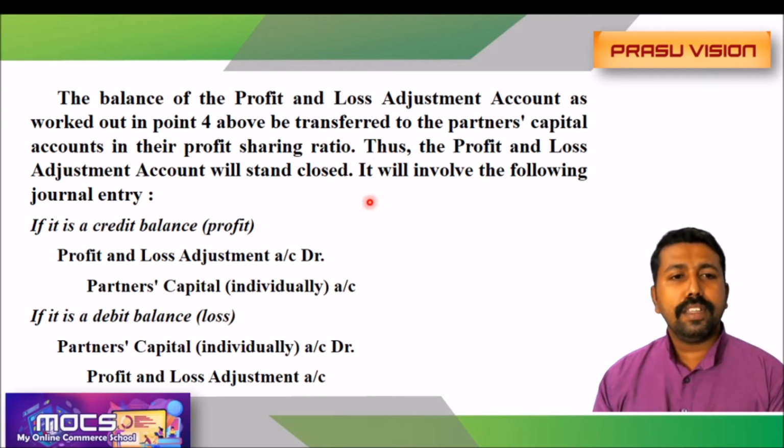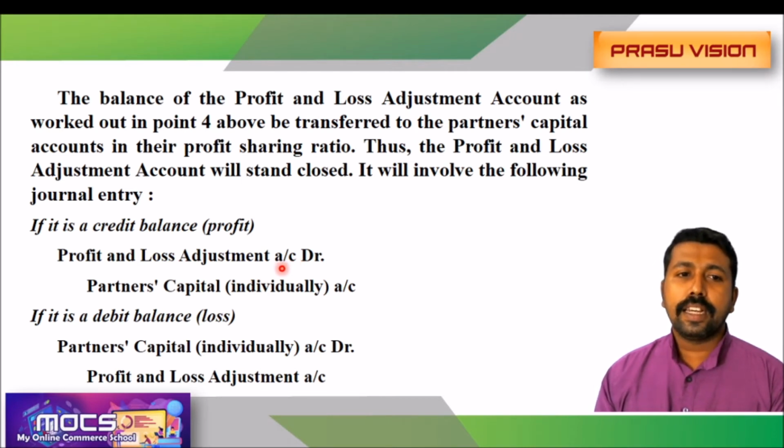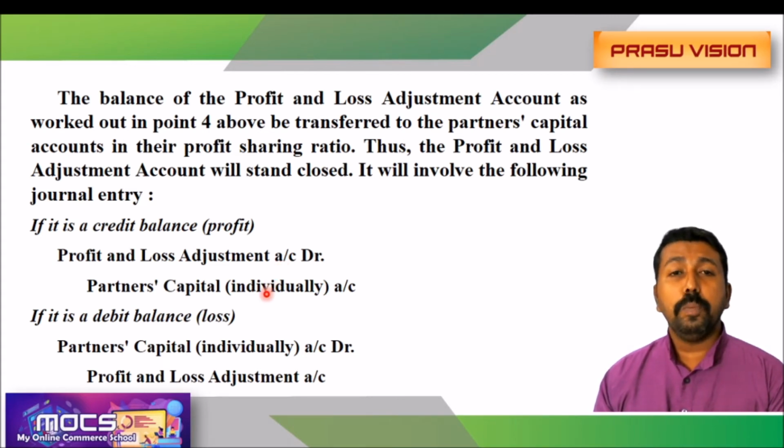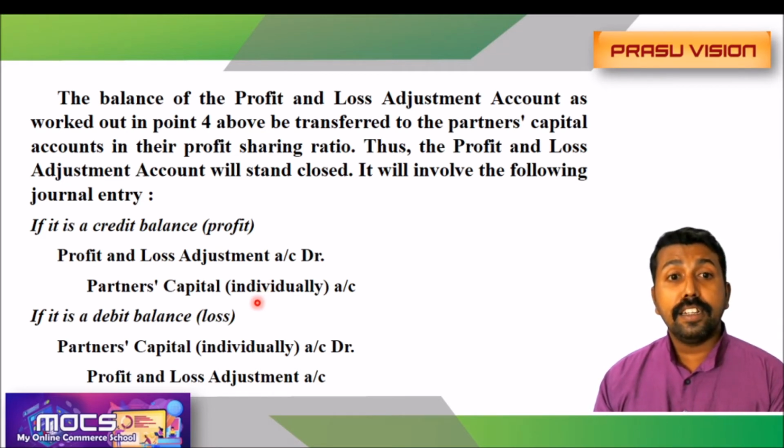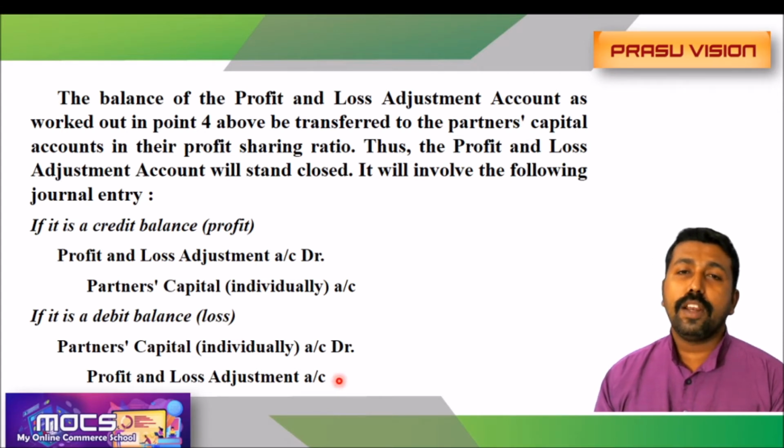If the balance is profit, the entry will be profit and loss adjustment account debited and partners' capital accounts credited. That means it is credited in the capital accounts, shared as per their profit sharing ratio. If the balance is loss, partners' capital accounts are debited and profit and loss adjustment account credited.